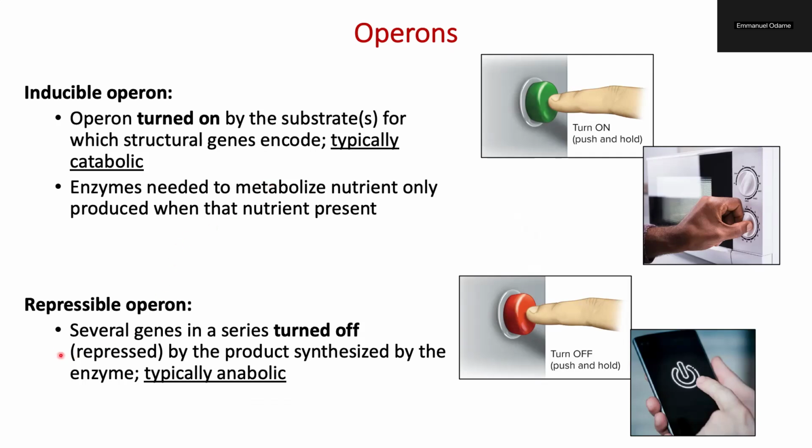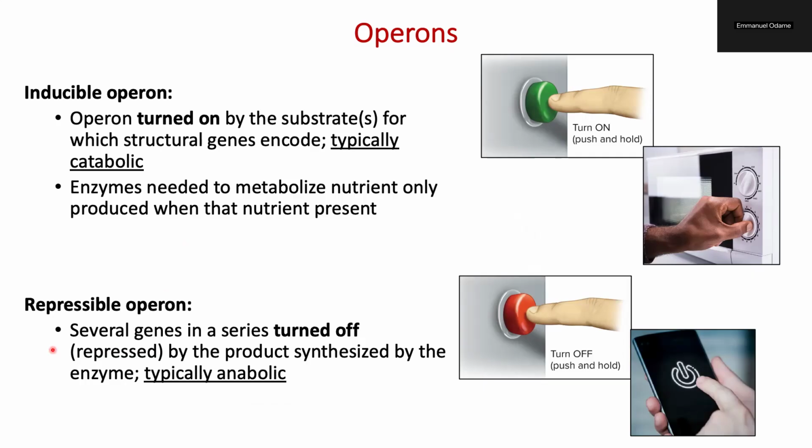Now, the opposite side is the repressible operon, and this happens in genes which are already turned off. They are naturally off, and then you need the enzyme to activate the transcription process, or to get rid of whatever is preventing the gene transcription from happening.